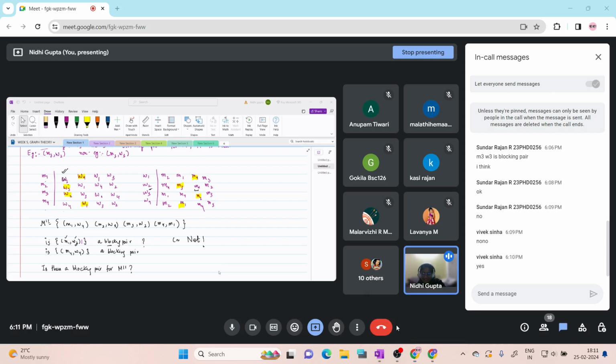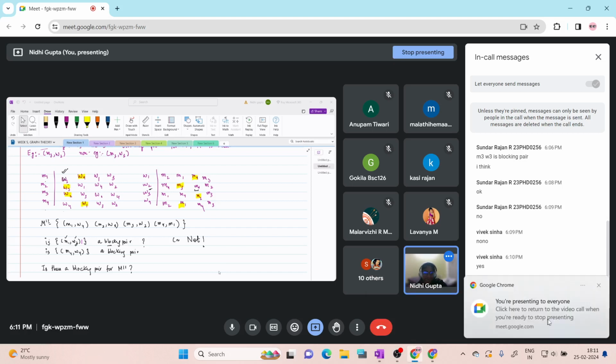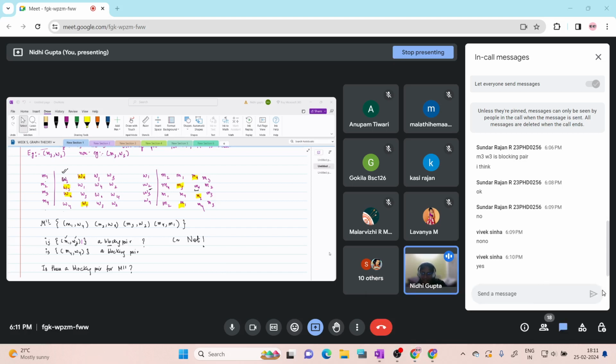So now, does this matching have any blocking pair? We see that M1W2 is not a blocking pair and M4W4 is not a blocking pair. Is there any other blocking pair for this matching?